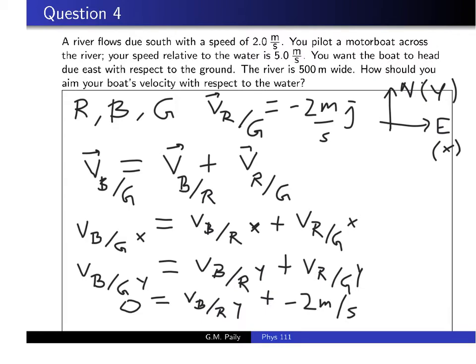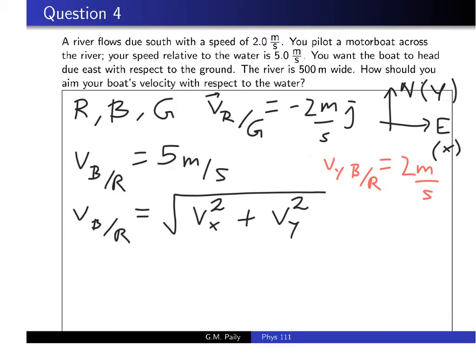What does this tell us? This y component must be 2 meters per second. We note down that information. We know that the overall magnitude, that is the speed of the boat with respect to the river, is 5 meters per second.